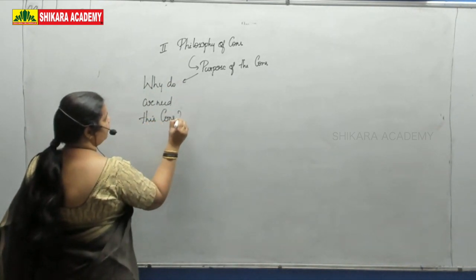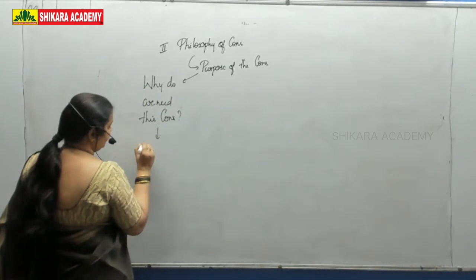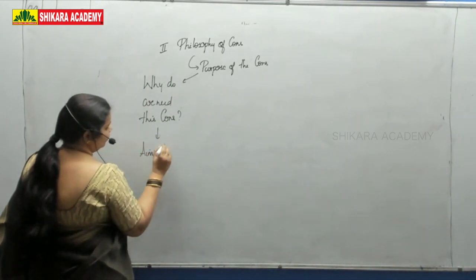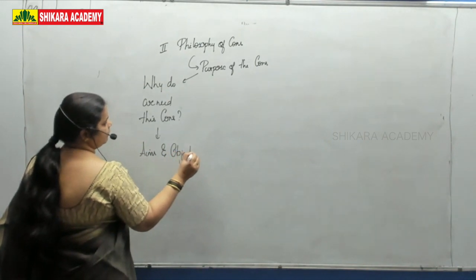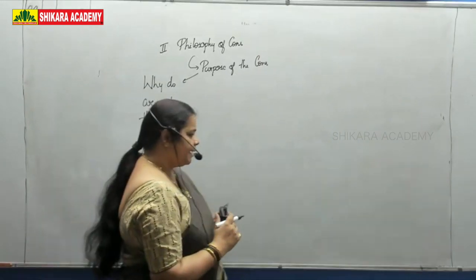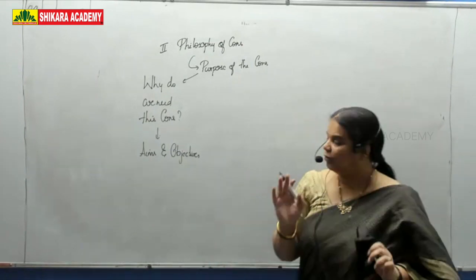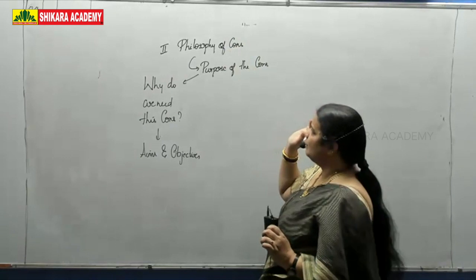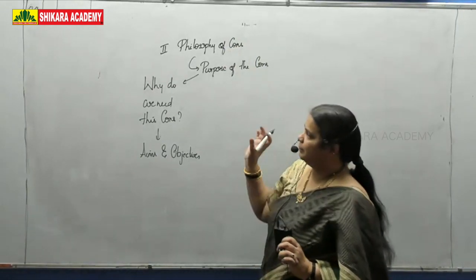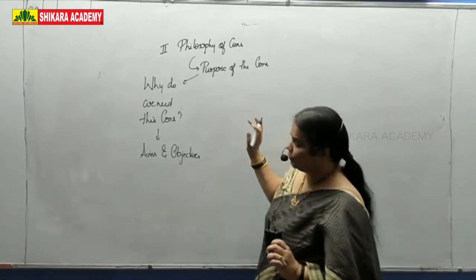Ultimately, what will be the aims and objectives of the constitution? What does it seek to achieve? That is philosophy. All the provisions of the constitution ultimately seek to achieve its purpose, but there are 3 specific chapters in your constitution that are more important.